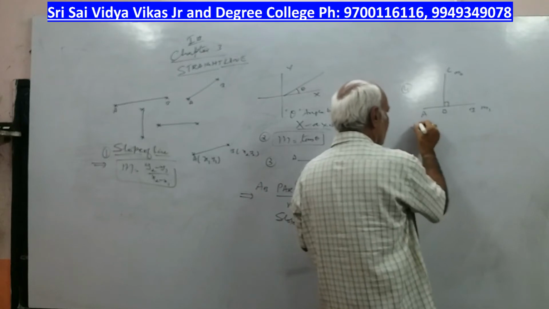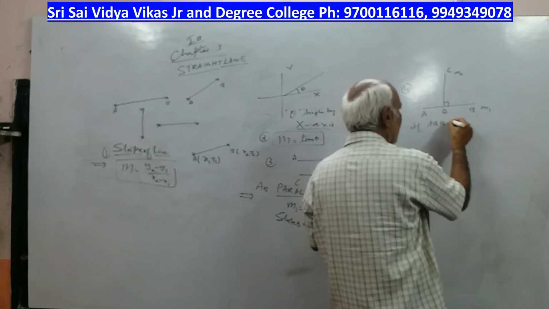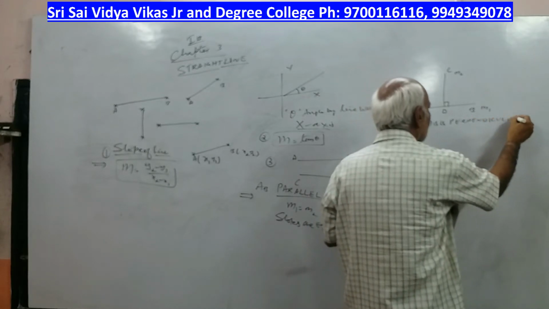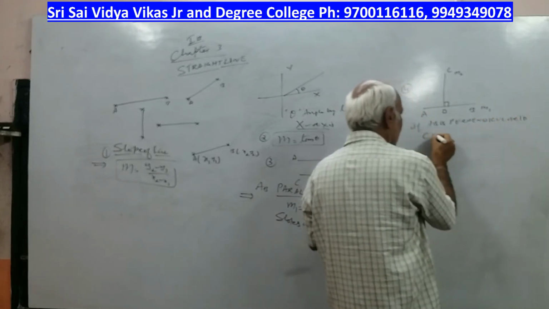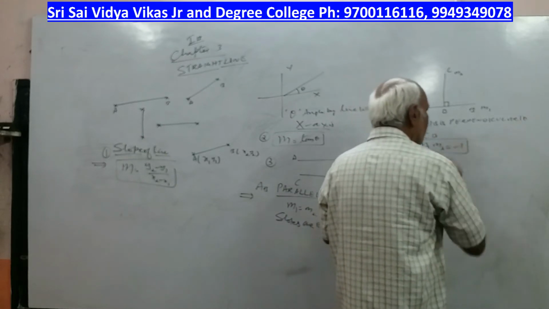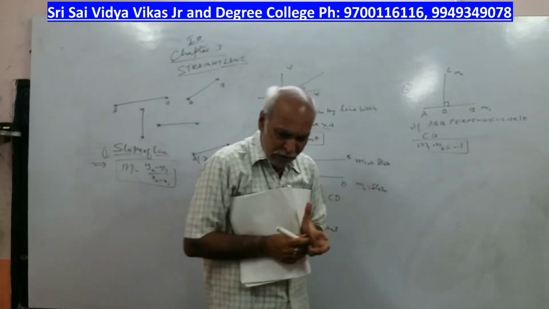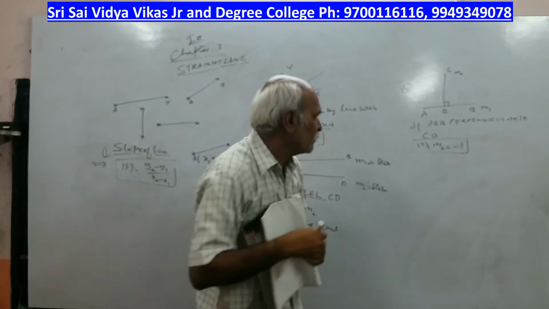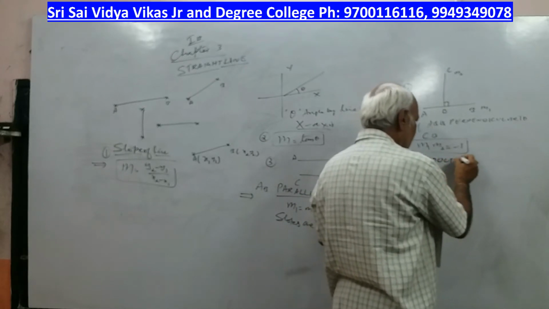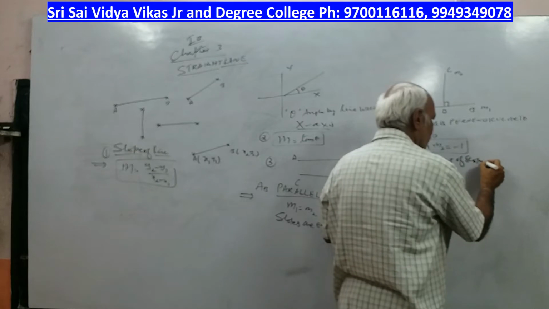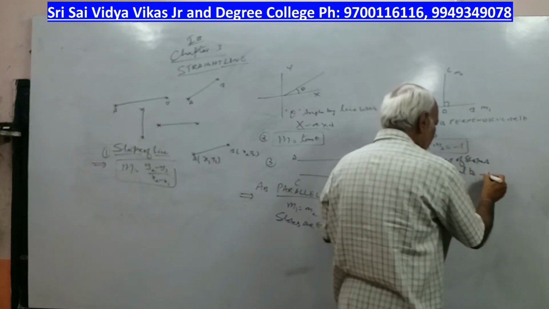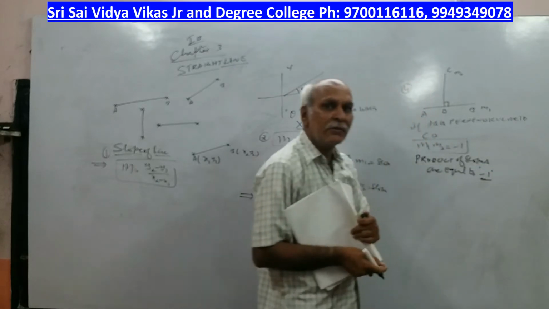If AB is perpendicular to CD, then the condition is M1 M2 is equal to minus 1. Most important formula, sir. The product of the slopes is equal to minus 1.